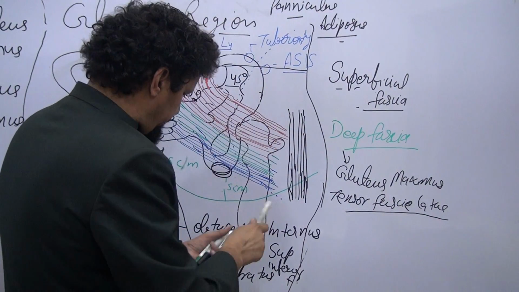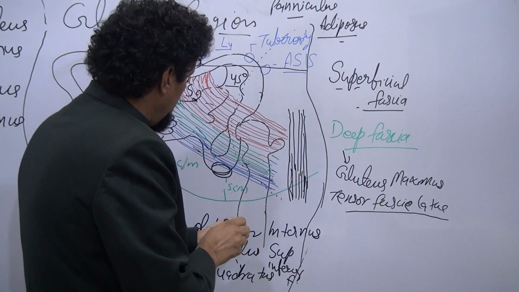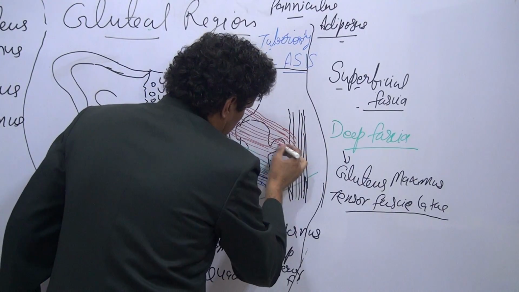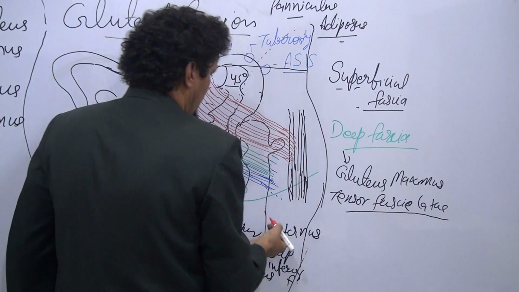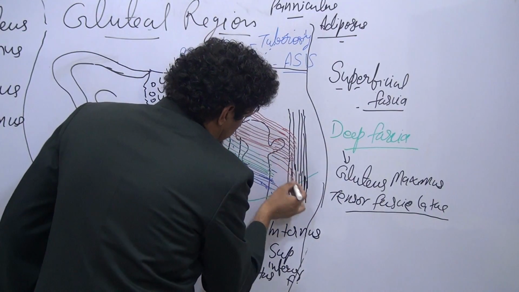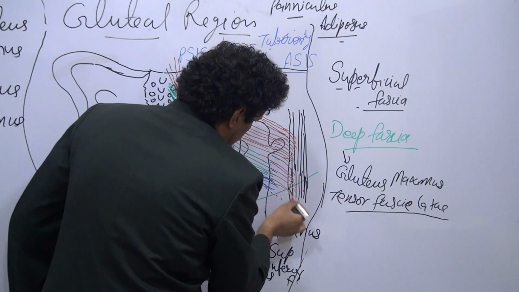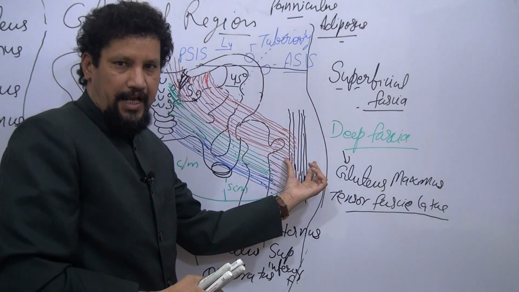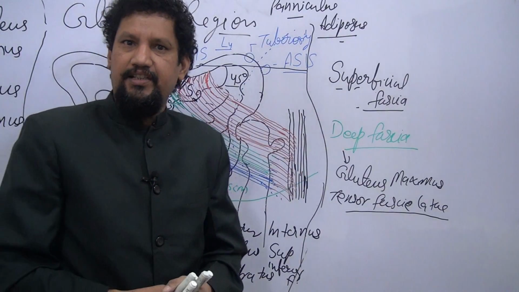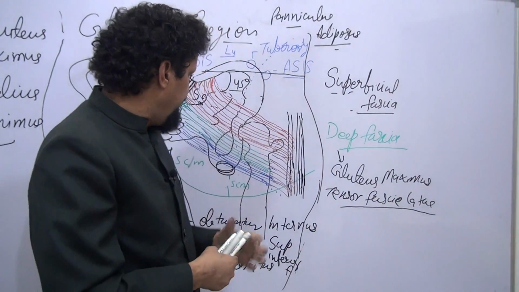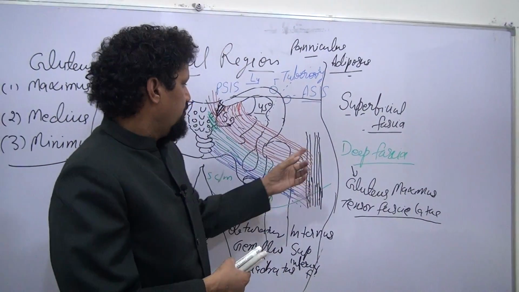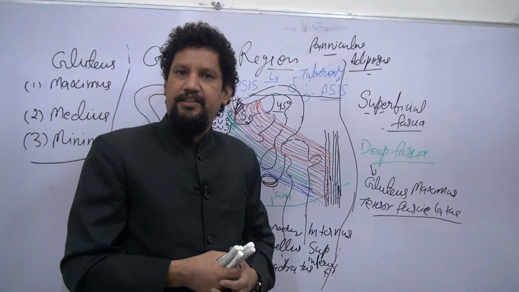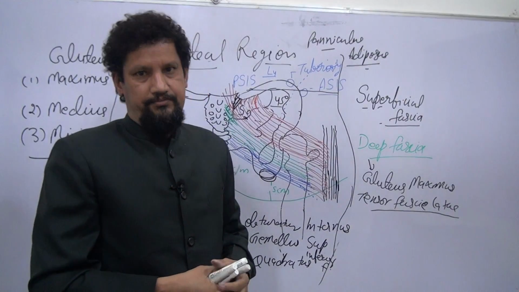So the superficial and deep fibers of the upper half and the superficial fibers of the lower half are inserted on the iliotibial tract, which is a modification of the tensor or the fascia lata of the thigh. So 75% or 3/4 of the fibers of the gluteus maximus are inserted on the iliotibial tract.